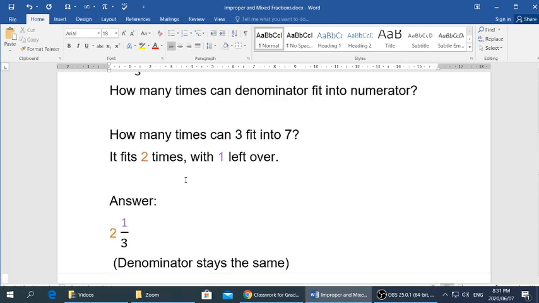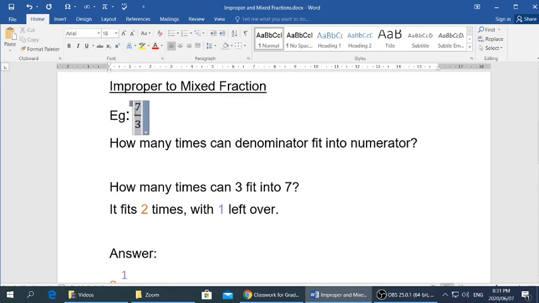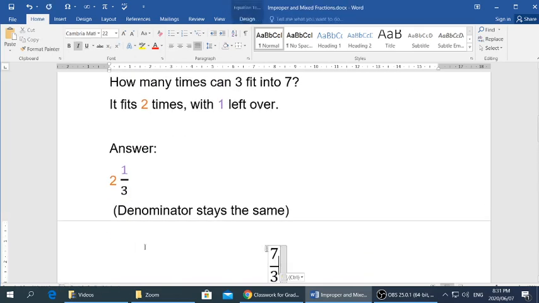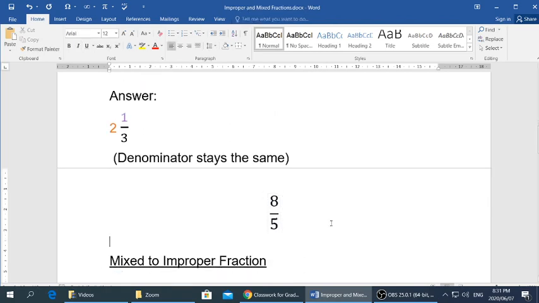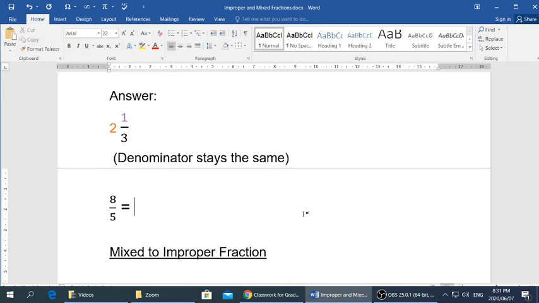Okay, so let's try 8 over 5. Okay, how many times can 5 go into 8? Let's see. So let's do this in our heads. Okay, so count from 5, 5, 10. So 10 is too big. So it can only fit in once.